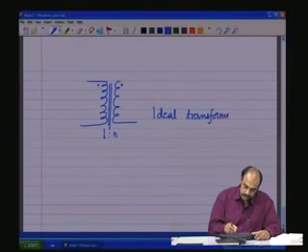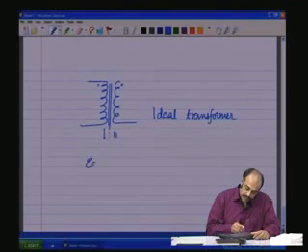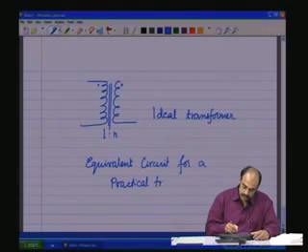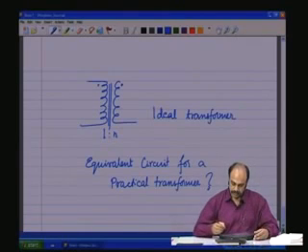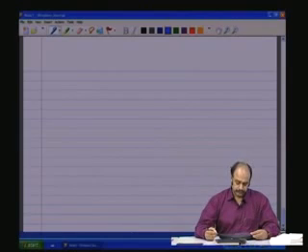What would be the equivalent circuit for a practical transformer? That will be the focus of the discussion in the forthcoming dialogue.